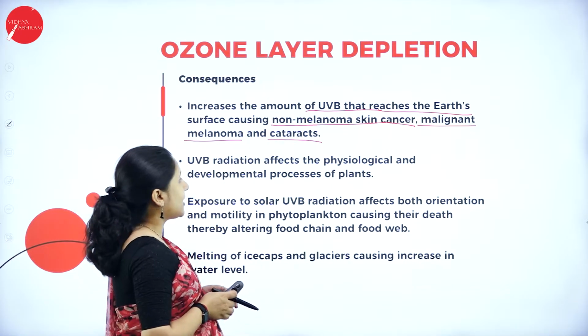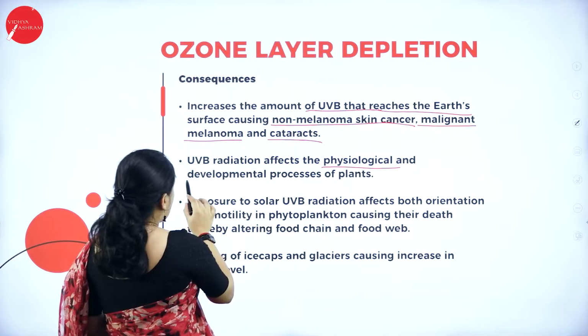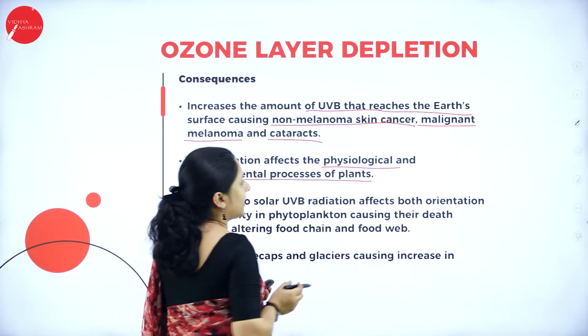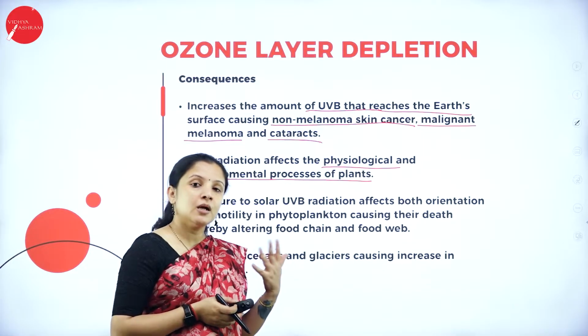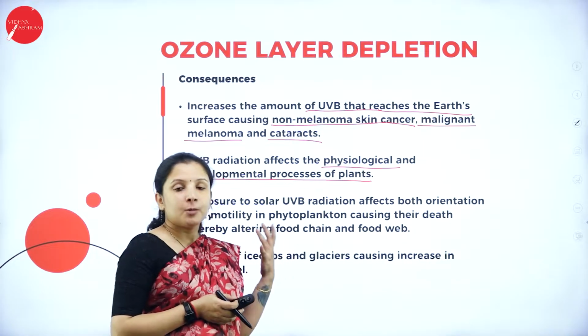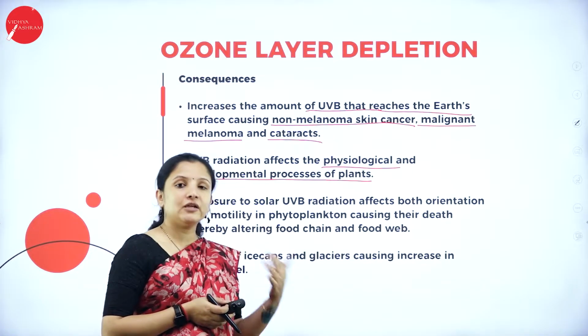And this UVB radiation can also affect the physiological and developmental process of plants. In plants, a lot of biochemical pathways take place if the plant has to process food and survive, and those plants we will also consume.